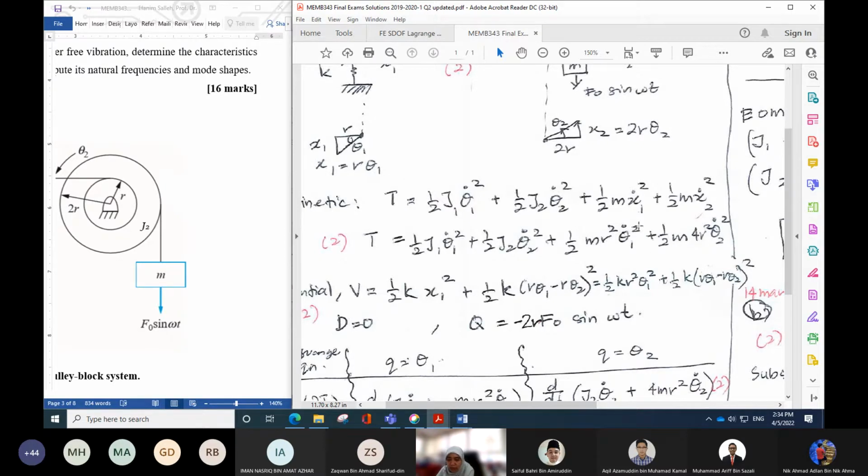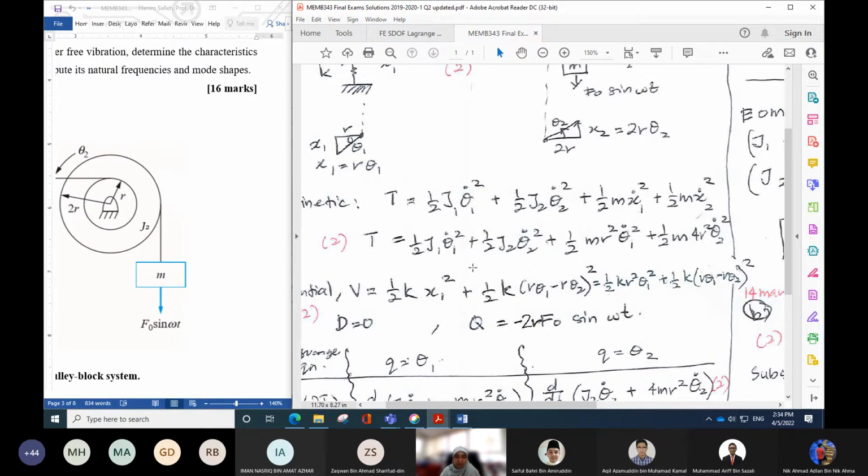So in this case, you have r squared and theta dot 1 squared. Same for x dot 2. X dot 2 means 2r everything squared, theta dot 2 also squared. So that's how you get 4r squared theta dot 2 squared.